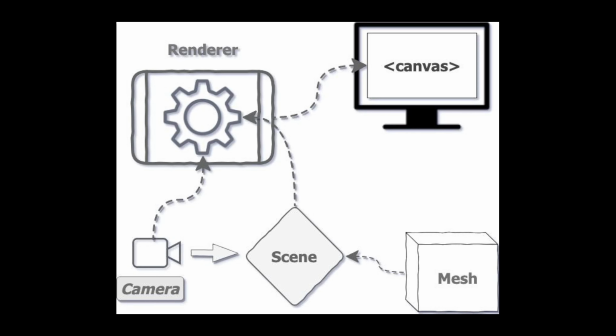That's it for now. And remember, the key takeaways are: the scene is our 3D universe. The camera is our window into that universe, our eyes. The renderer brings the scene and the camera together and renders them onto a canvas.